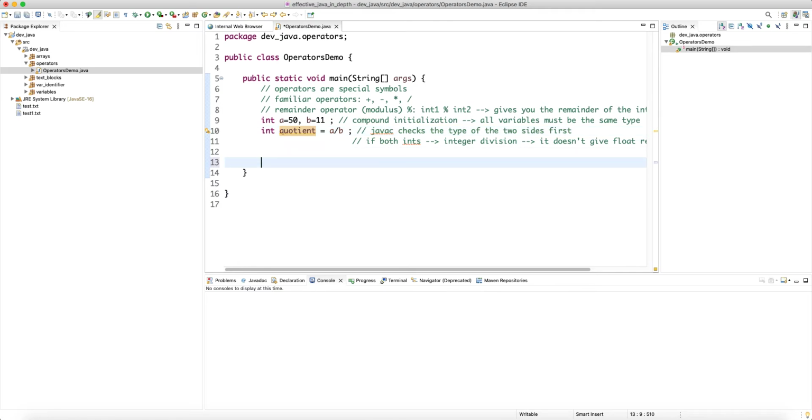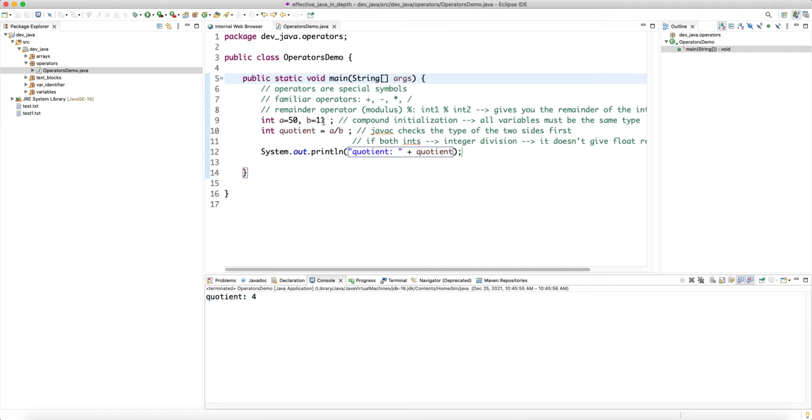So if I do a sysout here, quotient, and then plus quotient, this is going to give me 4, right? So 50 divided by 11, we didn't get a floating point number, we got an integer, 4, right?